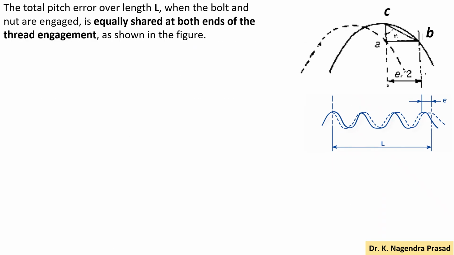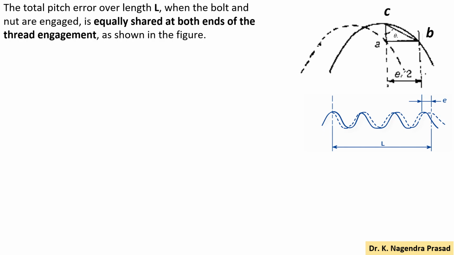Now we will discuss the effect of pitch error on the change of effective diameter. Let's consider the total pitch error over length capital L. When the bolt and nut are engaged, this pitch error is equally shared at both ends of the thread engagement, which is represented in the figure.